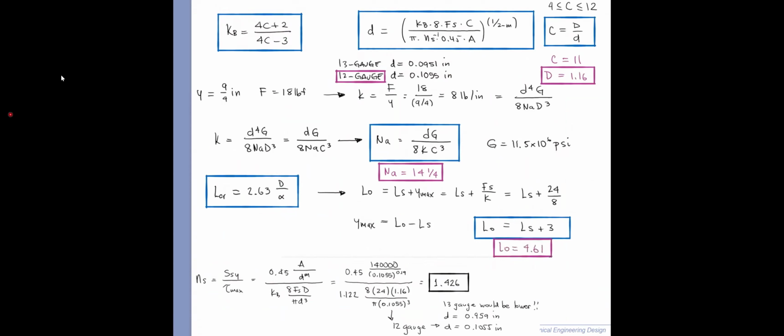Okay, so we should select these two springs with the wire diameter equal to 0.0951 or 0.1055. In this case, C equals 11.